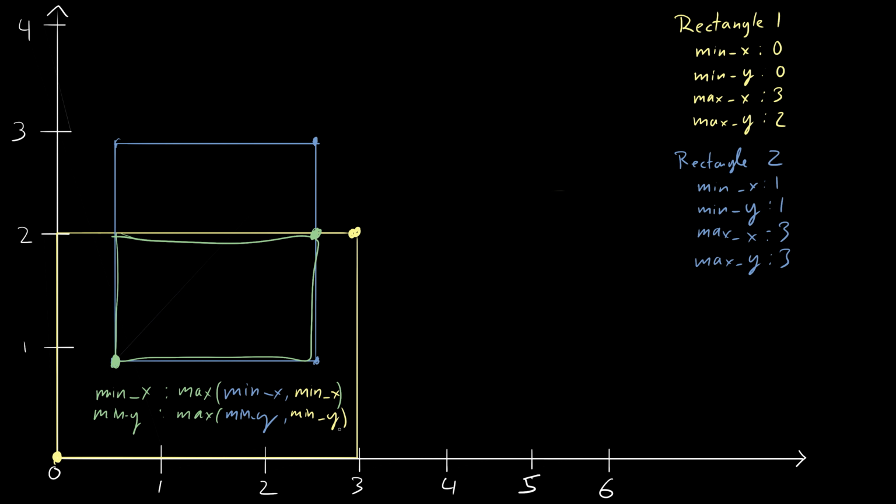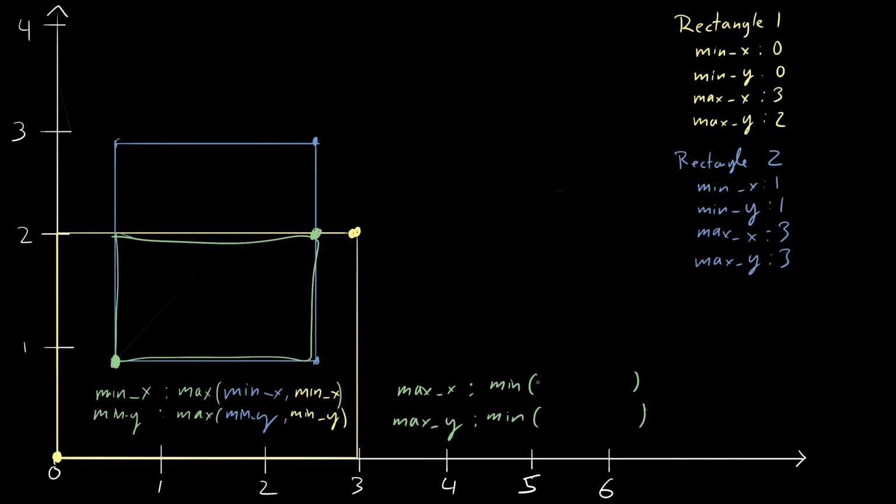Cool. And then we do the same thing for the max, but this time it's going to be the minimum that we care about. So max of x is min of the same thing, max of y equals min of the same thing.